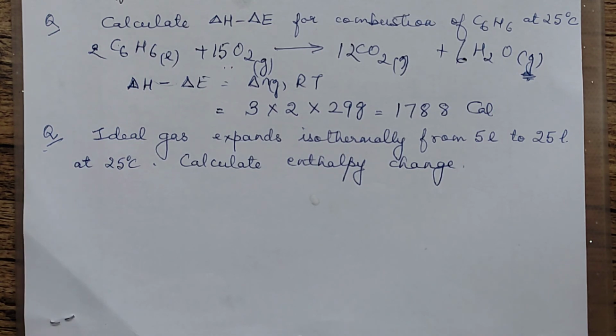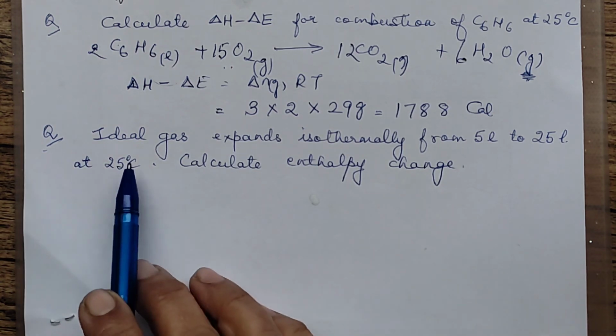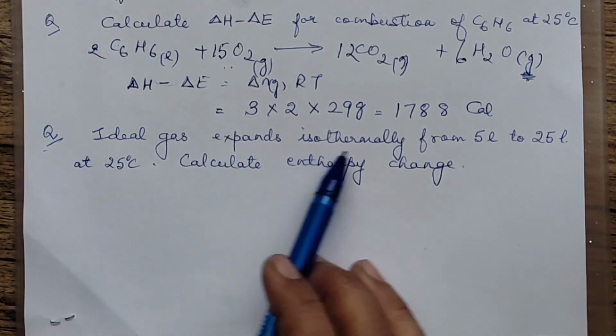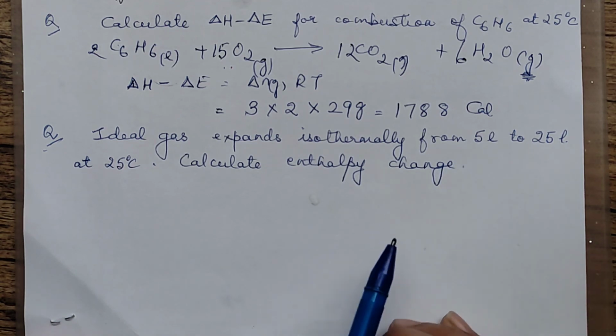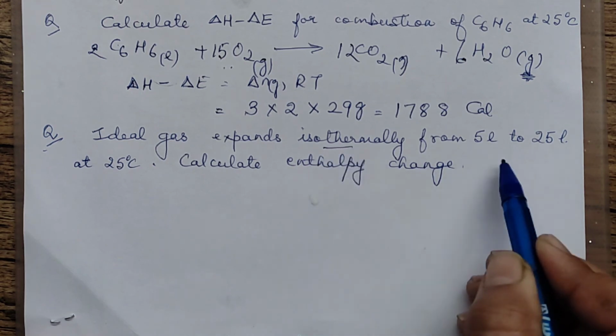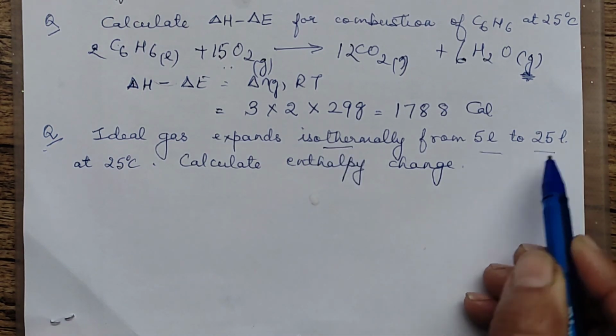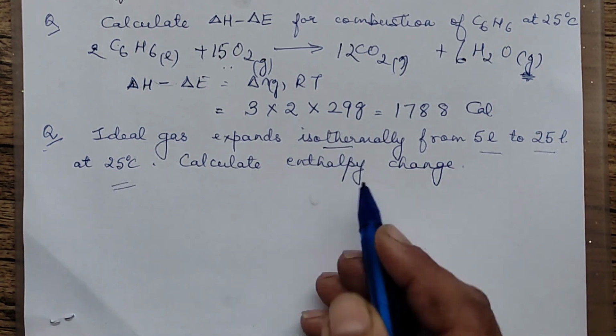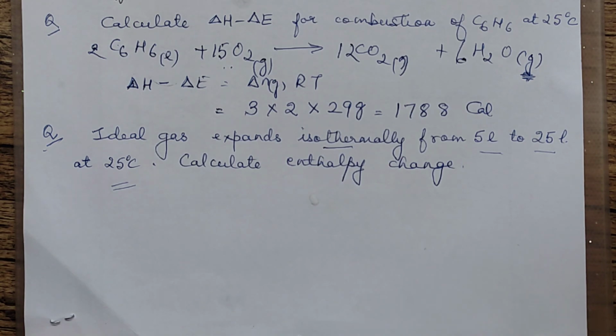Yeah. The next question says, suppose you have an ideal gas and it expands isothermally from 5 liter to 25 liter. Isothermally, and from 5 to 25 liter it is expanding at this temperature. Calculate enthalpy change. You have to calculate the enthalpy change. So what you will do?